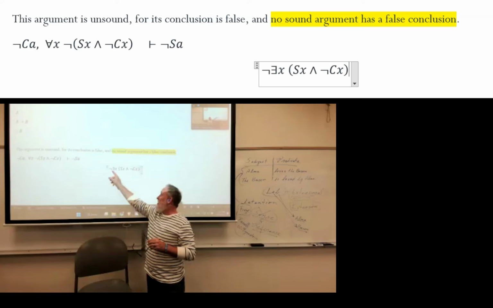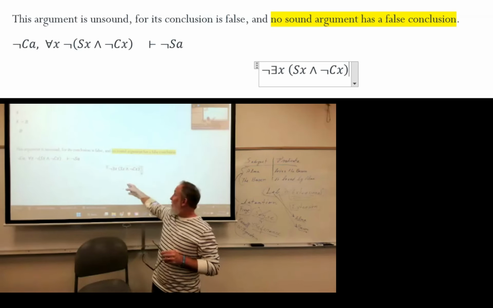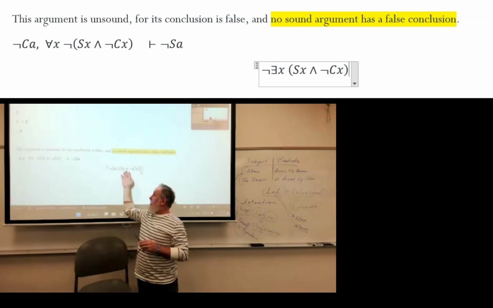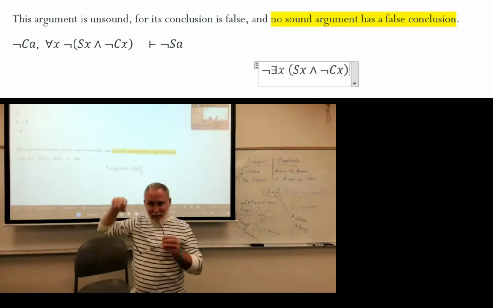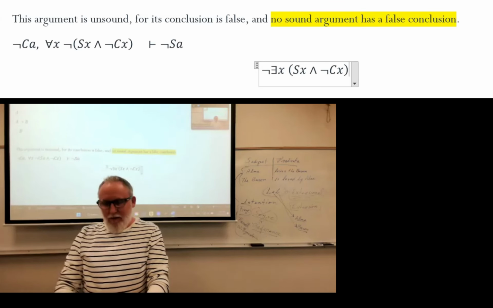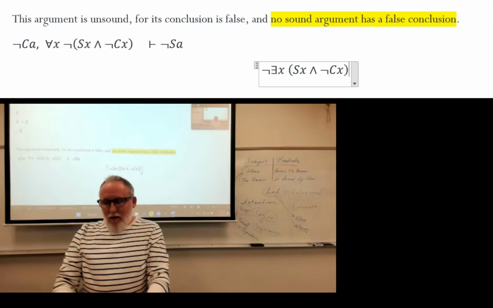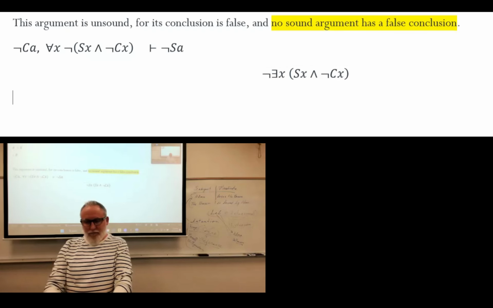Universal not is the same as not existential. I understand that. Yeah. So those, I mean, if the tree is going to close, either one works. But let's say there wasn't the negation involved when we were reading a question and we needed to know, should we use universal or should we use existential?